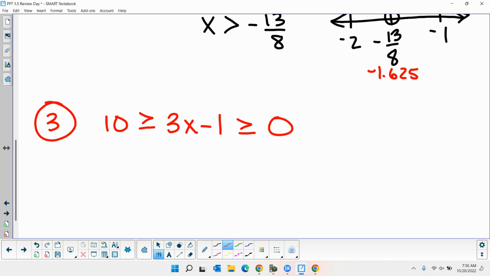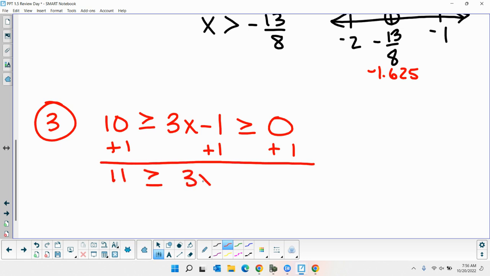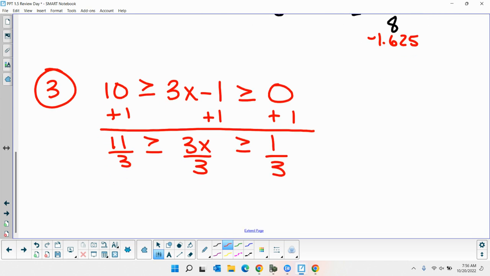I just prefer to leave it like that and just know I have to get x alone, so I'm going to add 1 first, but I got to remember to add it to both ends then. So I get 11, 3x and 1, and then divide by 3, so you do that to both ends as well. So you get 11/3 greater than or equal to x greater than or equal to 1/3.